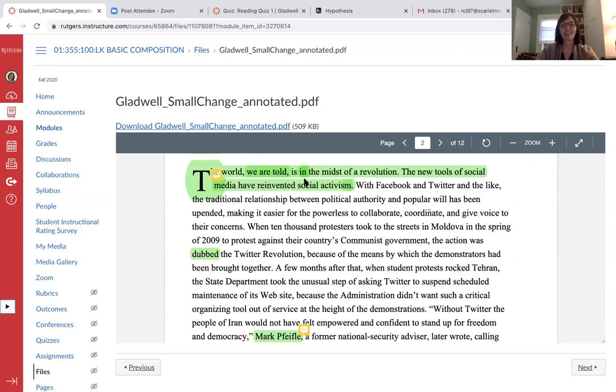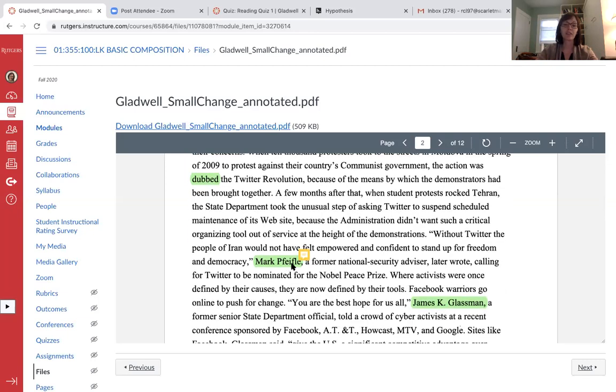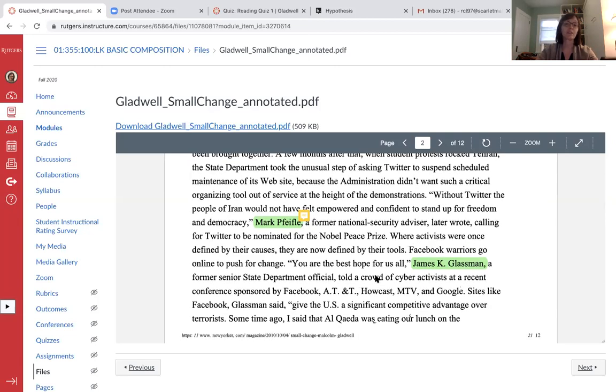Again, this idea that we're told by other people that social media is awesome in terms of social activism. So in this paragraph, we're getting examples of digital evangelist viewpoints, right? Mark Pfeifle is our first example of a digital evangelist, who thinks Twitter should be nominated for the Nobel Peace Prize.